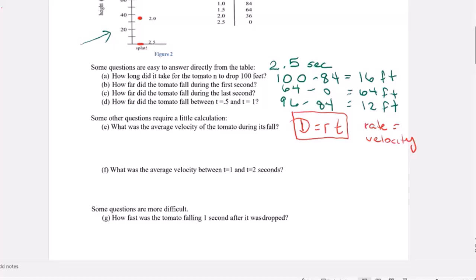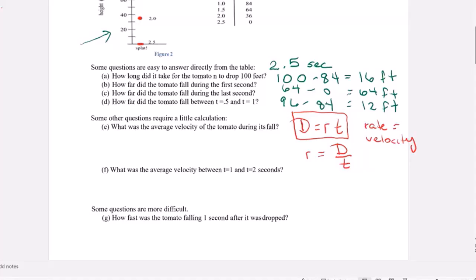So to find that, I could say R is equal to the distance divided by time, because those are the two things we have. We have the distance, we have the time. So what was the average velocity of the tomato during the fall?